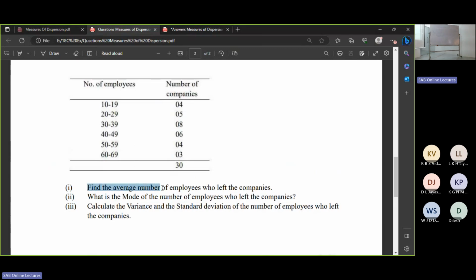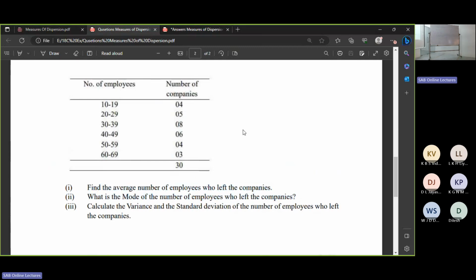First one asks: calculate the average number of employees who left the company. Average number means mean value. Part 1, you need to calculate the mean value. Part 2, what is the mode of the number of employees who left the company? Mode value. Do the first and two.